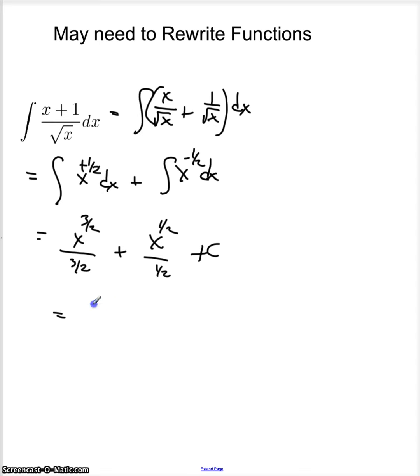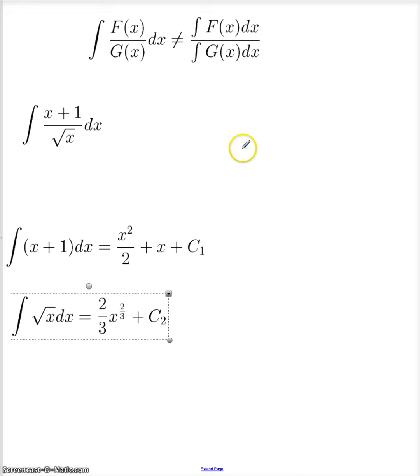Let me rewrite this. So this is x to the 3/2 divided by 3 plus 2x to the 1/2 plus c. And I don't mind if you leave it that way. Now, the integral of f of x divided by g of x does not equal the integral of f divided by the integral of g. You can't split them up. So do not try this, because you can see that if I do take this division, it's not going to equal what we just got.